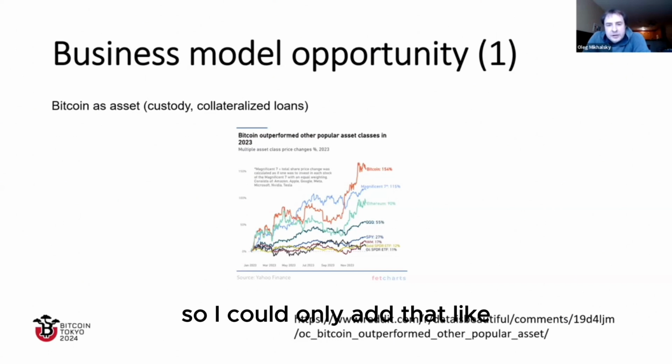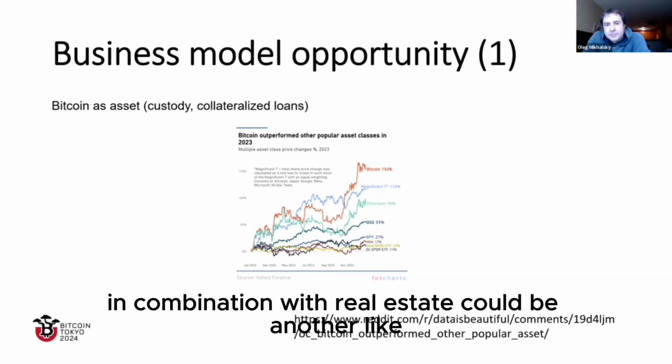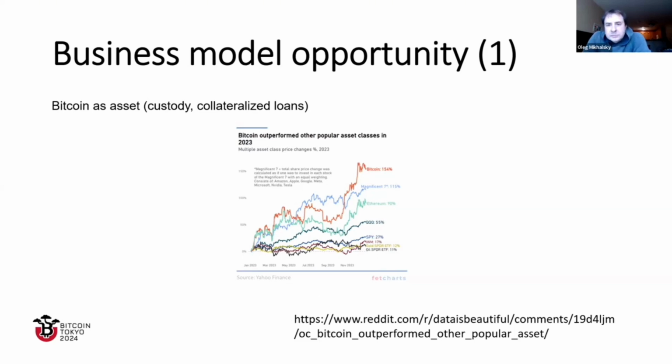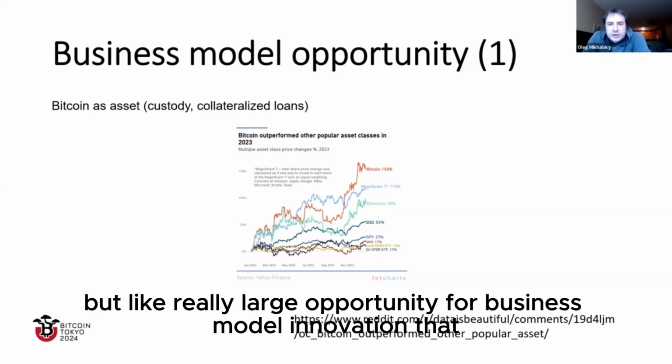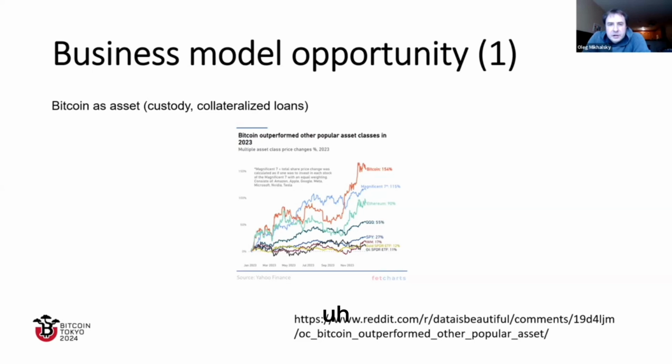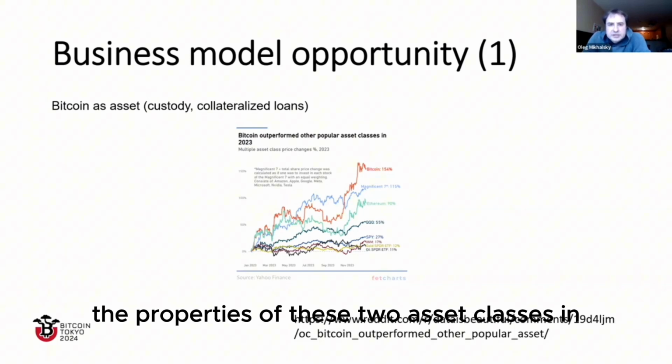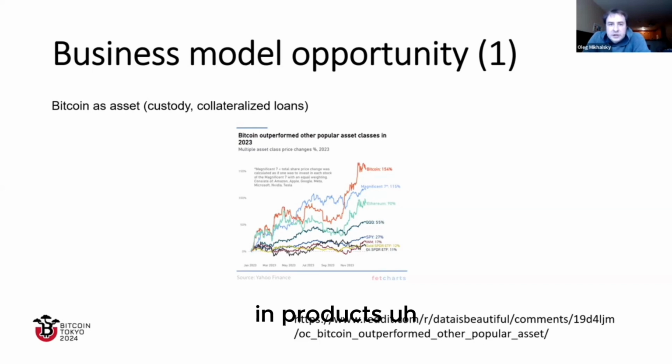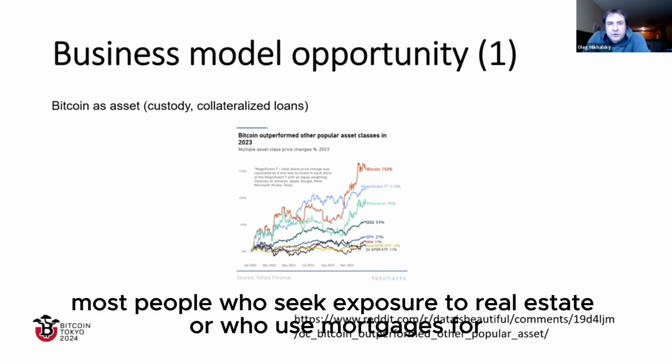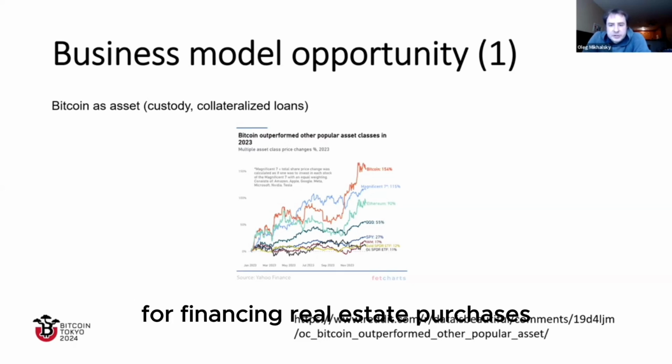So I could only add that Bitcoin collateralized loans in combination with real estate could be another, quote, $1 trillion opportunity, but really a large opportunity for business model innovation that combines the properties of these two asset classes in products that could be desired by most people who seek exposure to real estate or who use mortgages for financing real estate purchases.